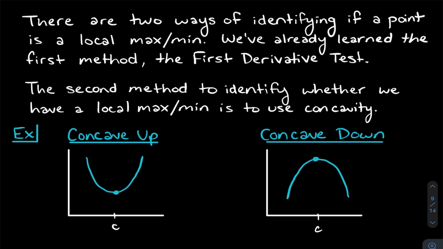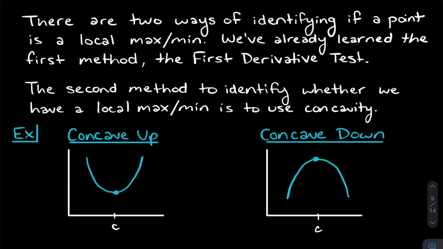So instead of having to plug in test points on both sides, with the second derivative test, all you need to do is plug in the singular point into the second derivative. Now again, you should have that second derivative done, and sometimes it's even hard to take that second derivative in the first place. So, it generally ends up being the same amount of steps both ways, but sometimes one is a lot nicer than the other to deal with.